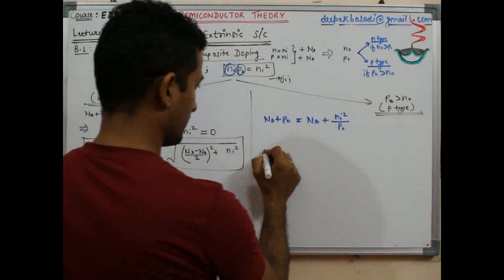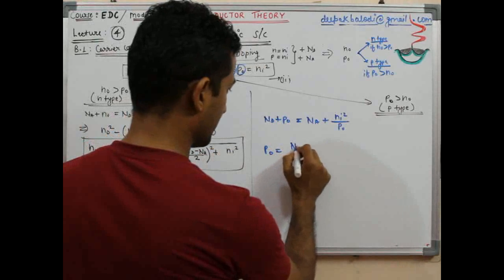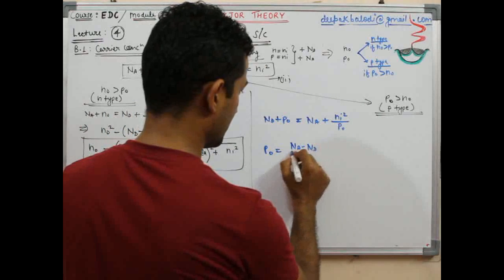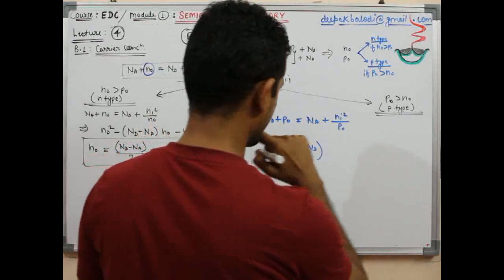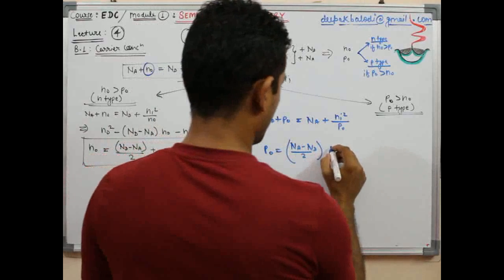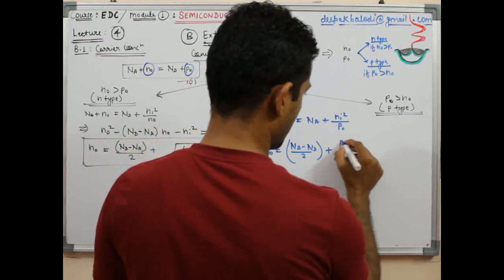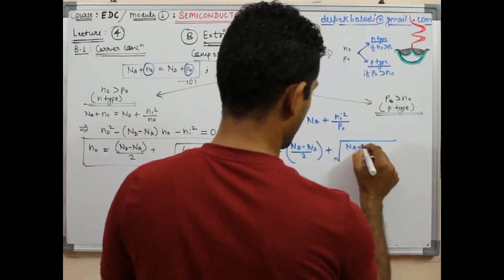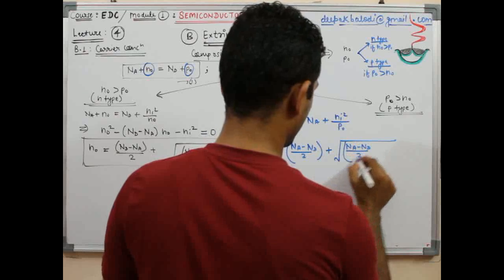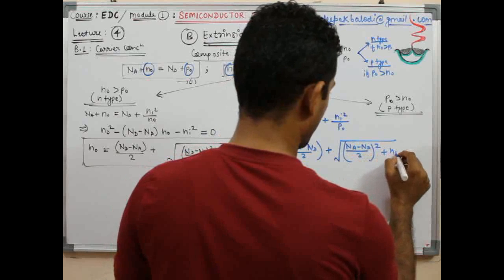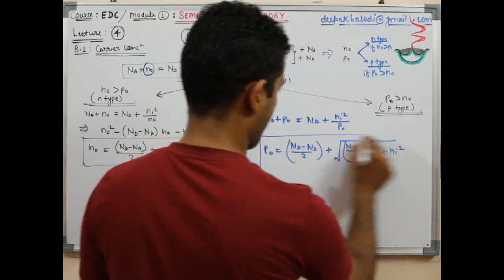So P naught will also be the same, but here it will be (Na minus Nd) by 2 plus the under root of ((Na minus Nd) by 2) square plus Ni square.